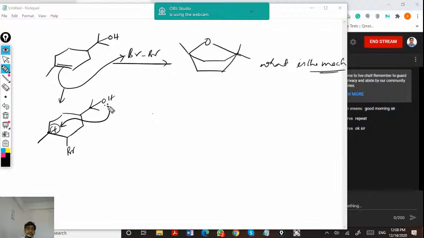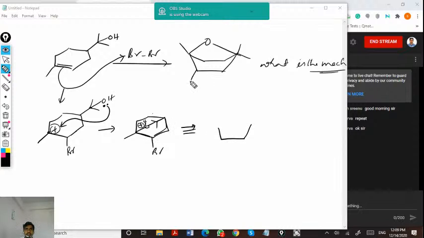NGP participation is going to happen with the lone pair on the carbocation. So this is the carbon with two methyls, and this is oxygen with OH, and this is going to form a bond and become positive. And this is bromine. If I rewrite, these are the four carbons down to this, 1 2 3 4.